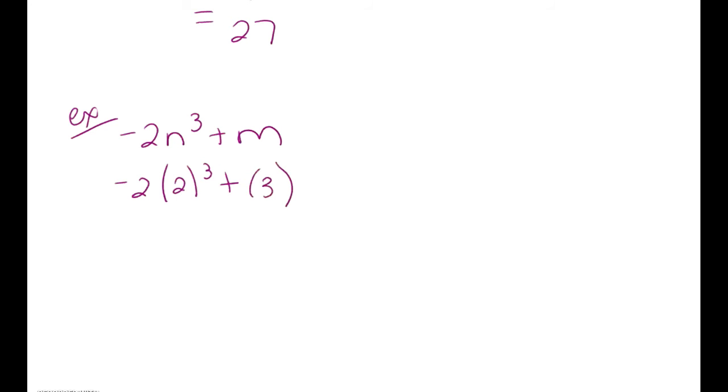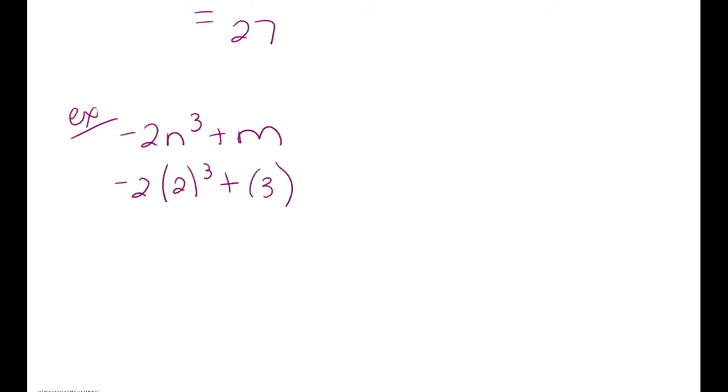Okay, let's do another example. The same letter values, negative 2n cubed plus m. So the first thing we need to do is make the substitution. So n was equal to 2, and m was equal to 3. So we make our substitution.